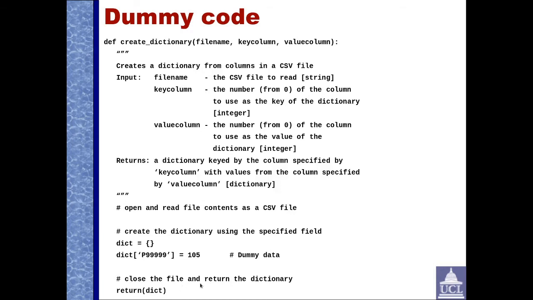Now, this dummy code is absolutely invaluable, because if people implementing the different layers of the system have implemented dummy code like this, it means that the person whose code is calling this function can go ahead and call it and get some information back in the correct format.